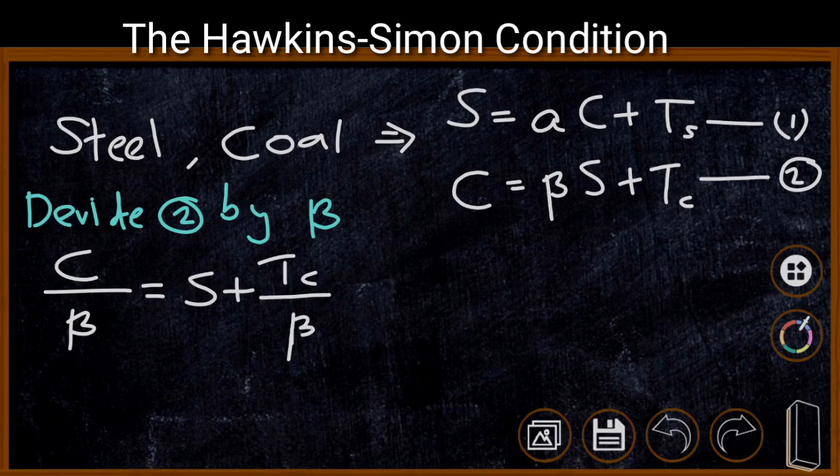Here we have the term beta S, and if we divide beta S by beta we will get only S. That's why we have only S here. We can rewrite this equation as S is equal to C by beta minus Tc by beta.